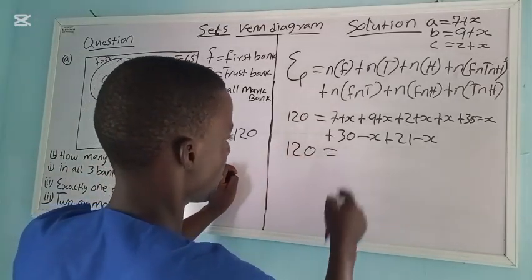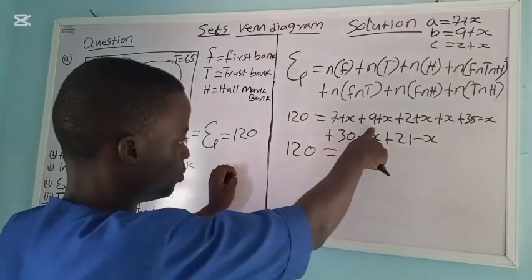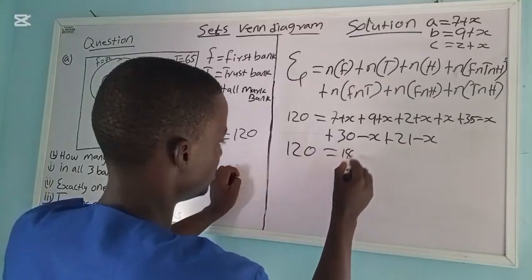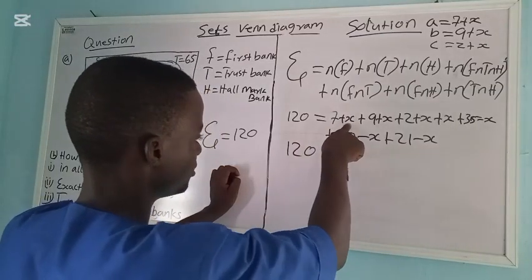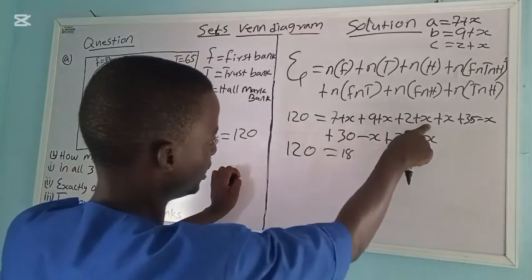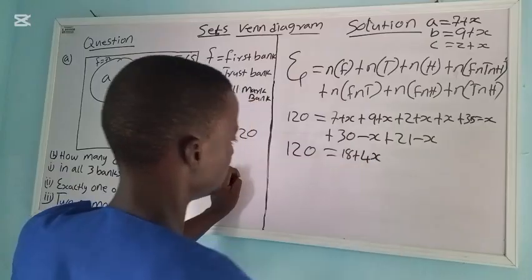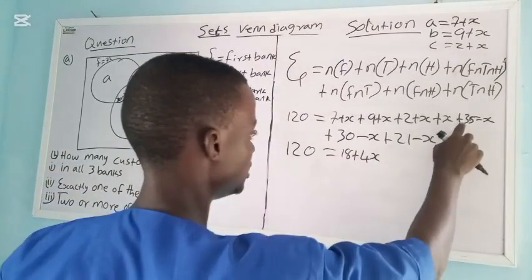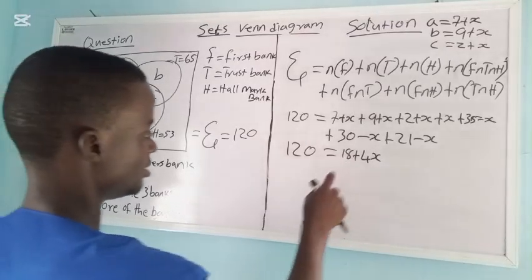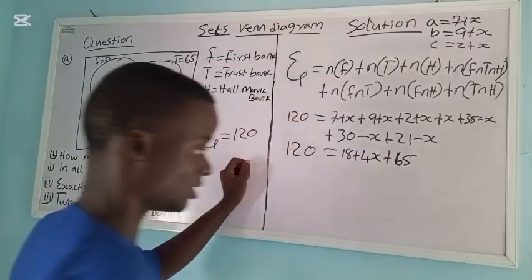120 is equal to 7 plus 9, 16, plus 2 is 18, then plus x plus x plus x plus x, that is plus 4x. Now see another 35 and this which is 65, plus 65.